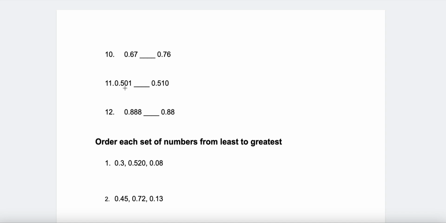We know the 10th place is equal to each other. They're both 5. But we know the next place, that's 0. This is 1. So 1 is greater, which means 0.501 is less than 0.510.